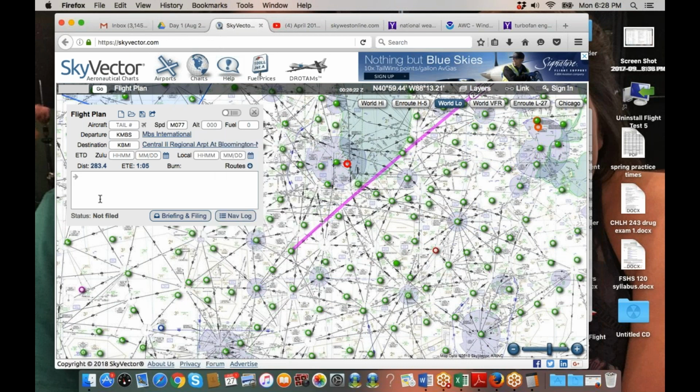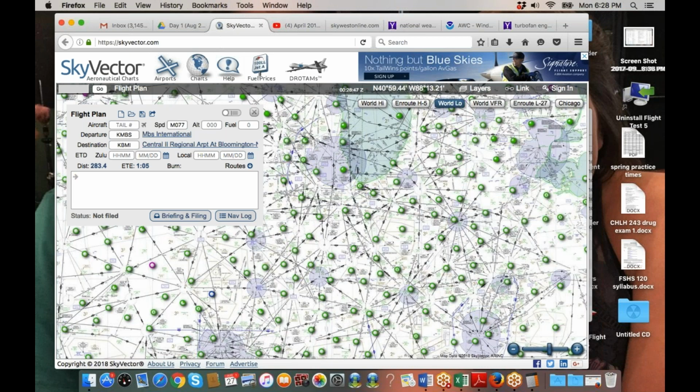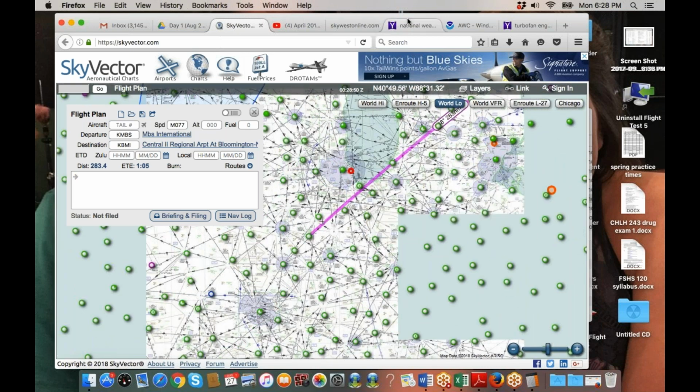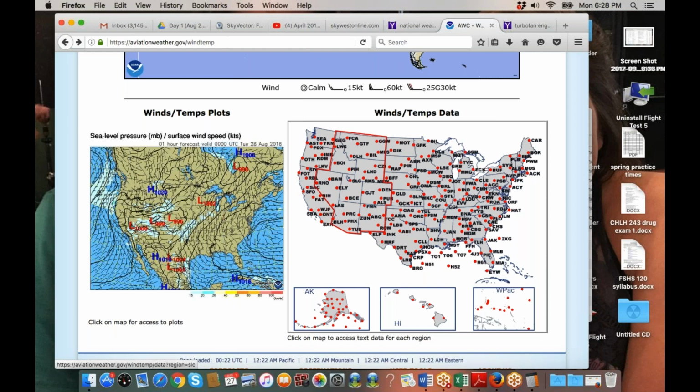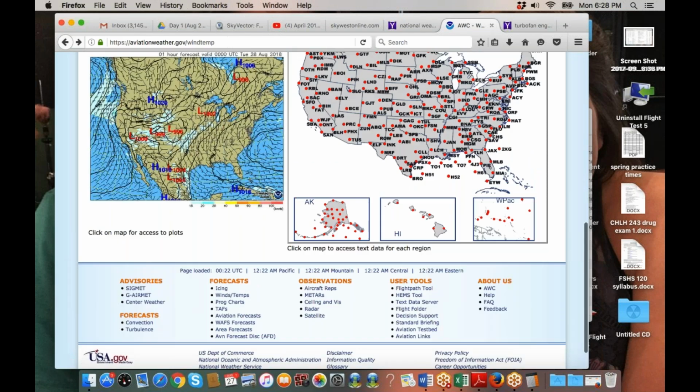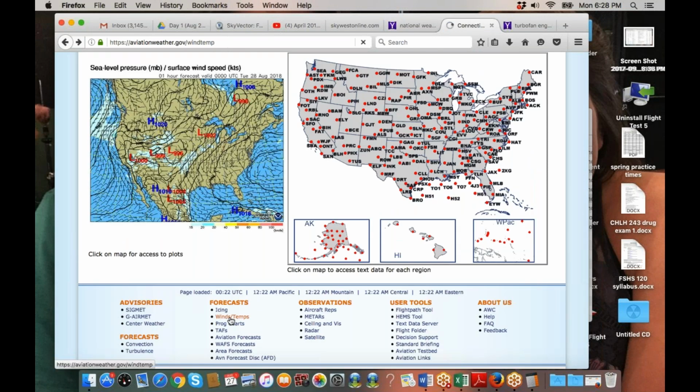All right, so 285 miles is what we're going to say. You still need a headwind, an altitude, and weight. Okay. Our headwind, let's see, we can actually go here and we can find our headwind.